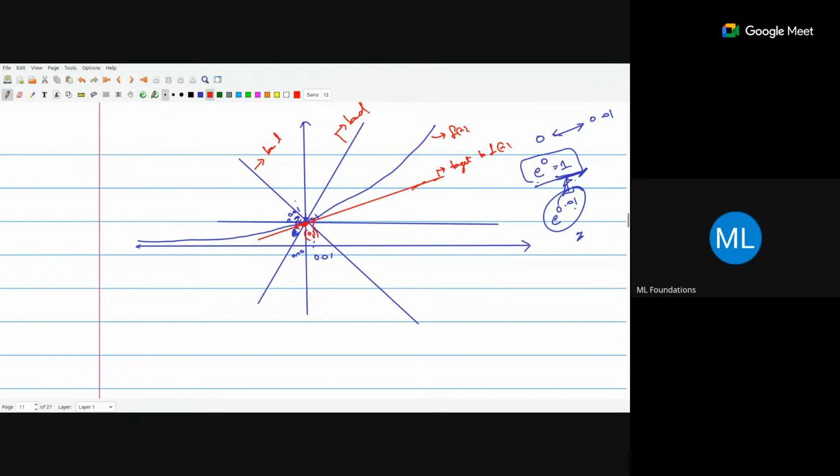In that sense, the error will be slightly lesser, because the slope of the line is the same as the slope of the function at that point. Those are the properties of tangent lines.